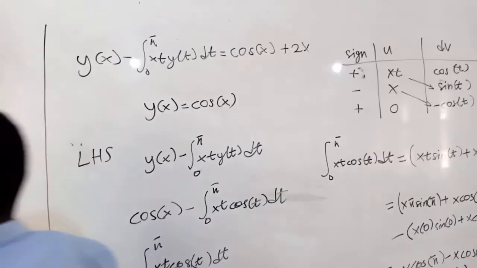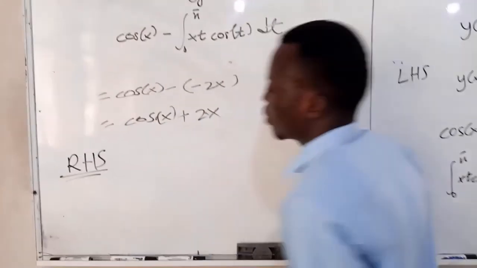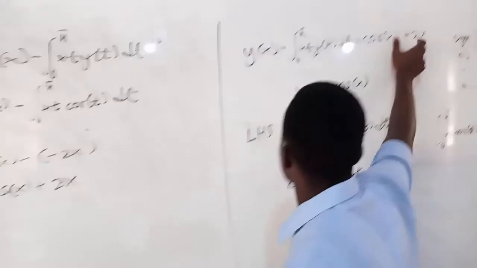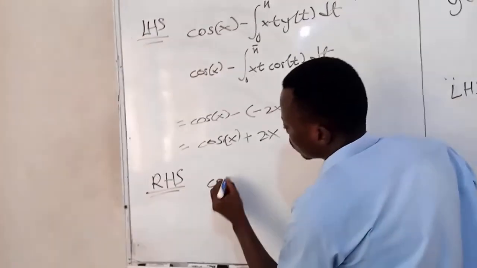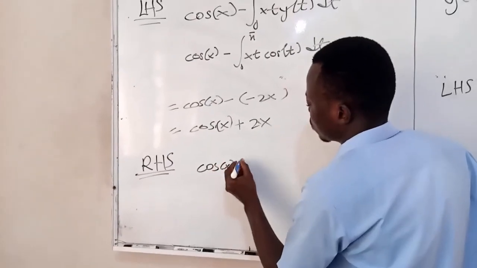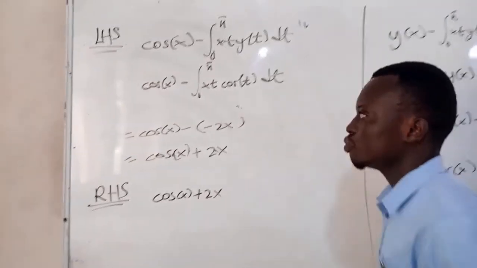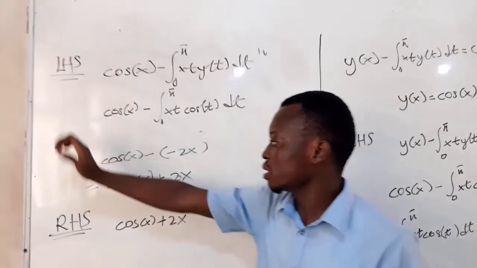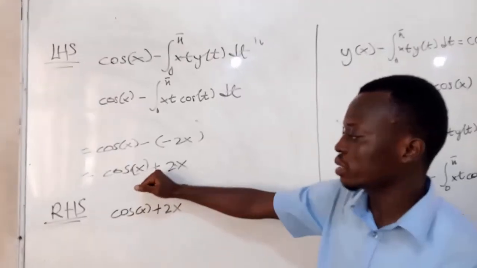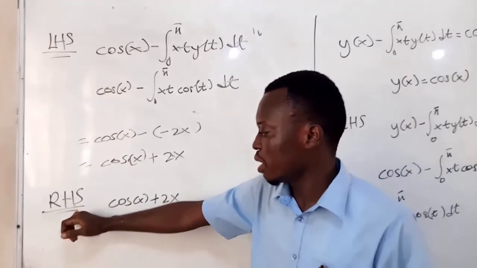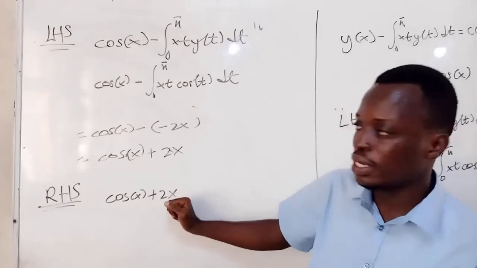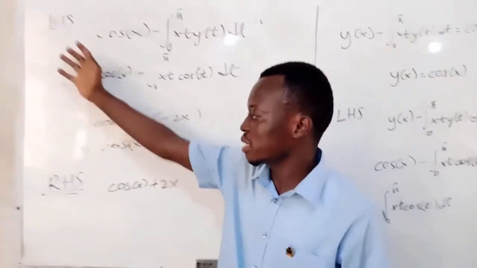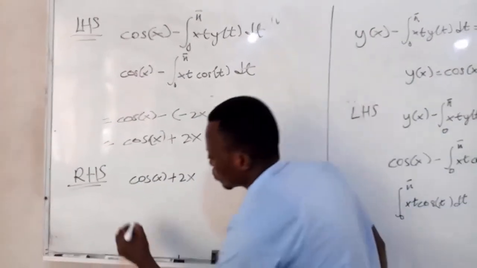Now let's consider the right hand side. On the right hand side we are having cos s plus 2s. Now, you could easily see that on the left hand side we have cos s plus 2s, and on the right hand side we have what? Cos s plus what? 2s. So we see that the left hand side is equal to the right hand side.